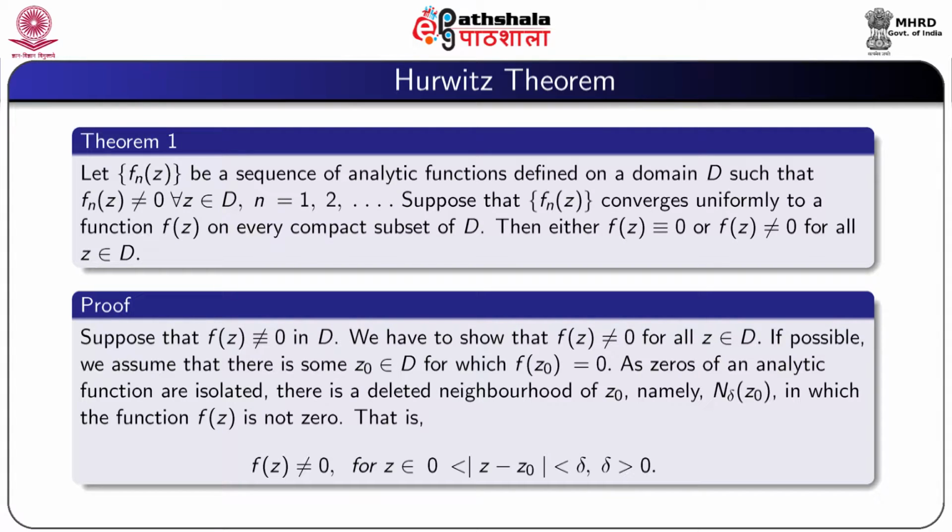As zeros of an analytic function are isolated, there is a deleted neighborhood of z0, namely N_delta(z0), in which the function f(z) is not 0. That is, f(z) not equal to 0 for z belongs to 0 less than mod z minus z0 less than delta, where delta is a positive number.